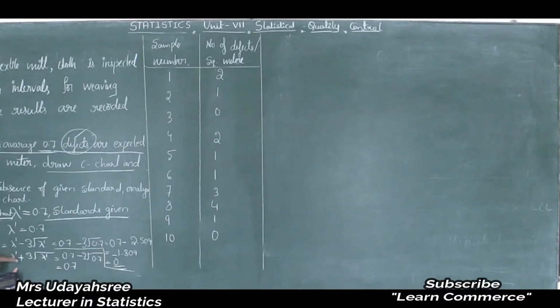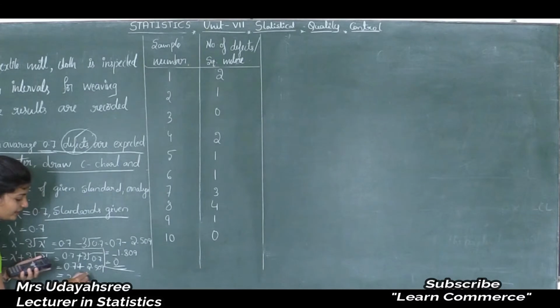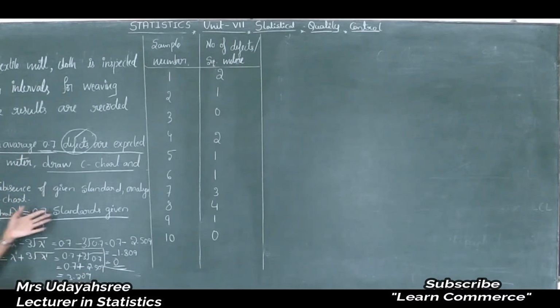Lambda dash is 0.7, so this is 0.7 plus 3 into square root of 0.7, that is 0.7 plus 2.509, which is 3.209. These are the control limits of the C chart in the standards given case.